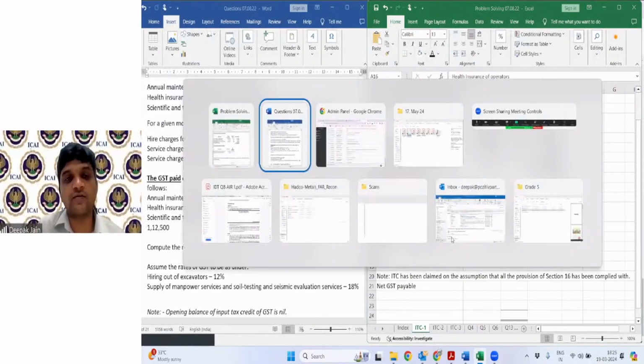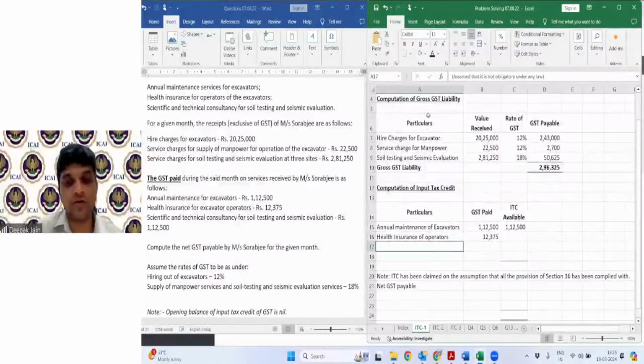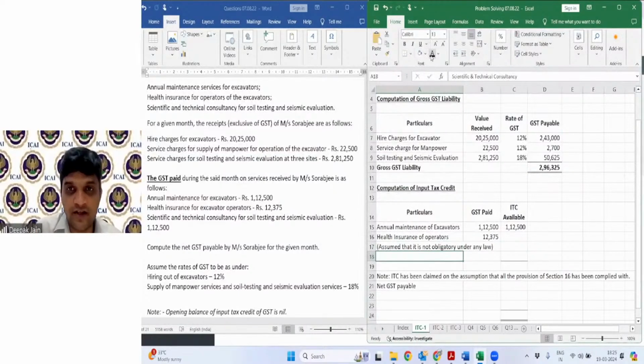Is the credit available on health insurance? So let me put that on pause. By the time I'll go to the next one. Assume that this is not obligatory under law.